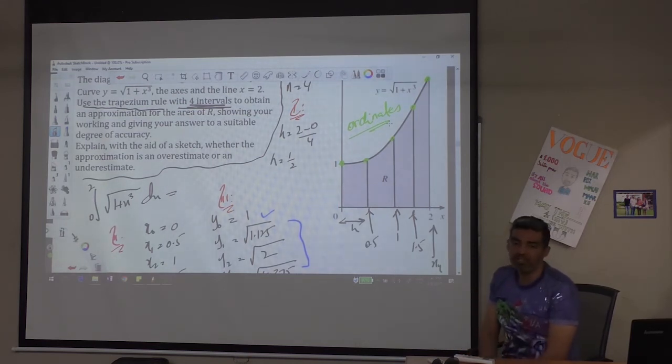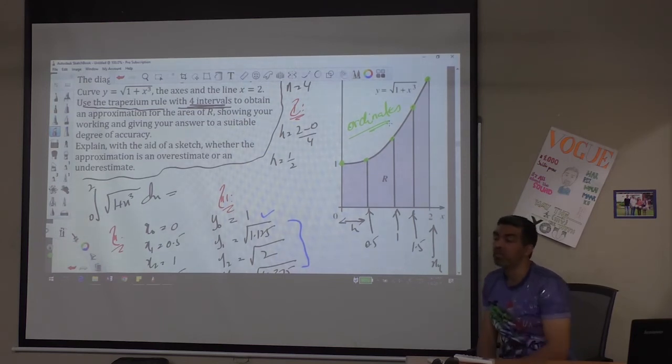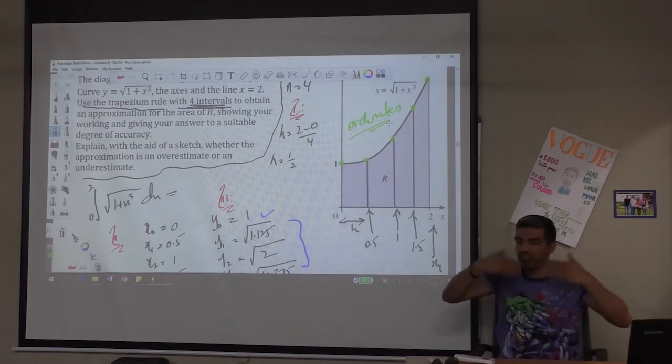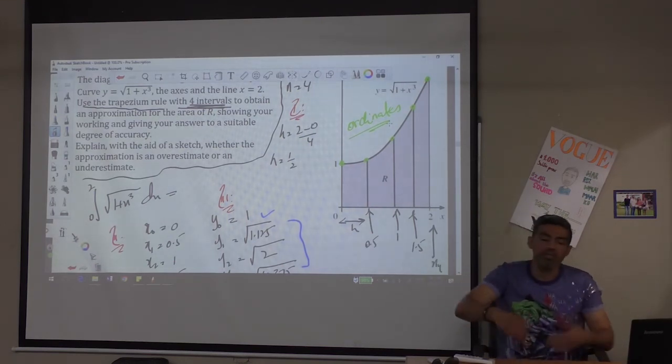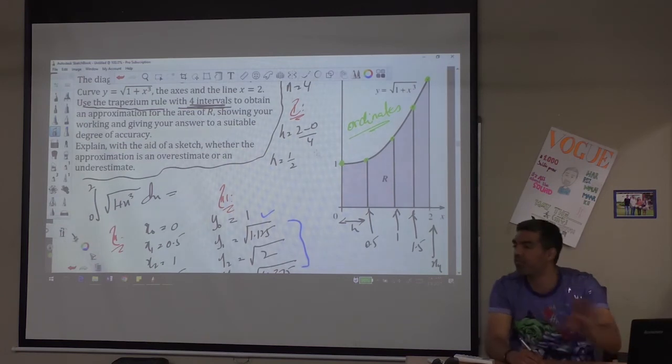Your number of ordinates will always be 1 more than the number of intervals. Now he might also say this in the question. He might not say use the trapezium rule with 4 intervals. He might say use the trapezium rule with 5 ordinates. If he says 5 ordinates, that doesn't mean n is 5. That means n is 4, because your number of ordinates will always be n plus 1, where n is the number of intervals.